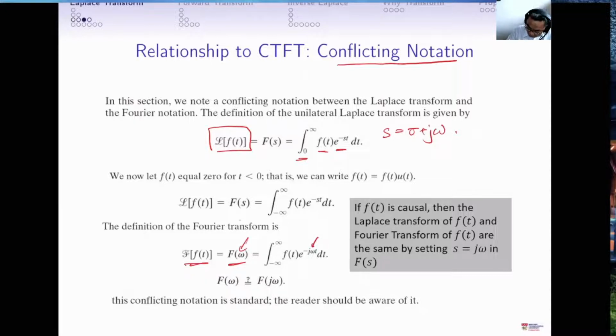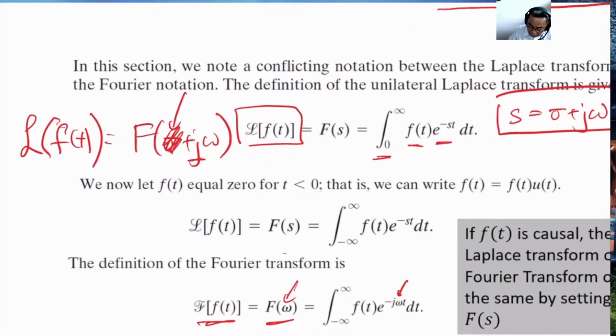We did not put j here, because if we want to be like the Laplace, we should be saying the Laplace transform of f(t) is equal to F(σ + jω). Now when sigma is 0, we can ignore that, and the notation leaves us with jω.